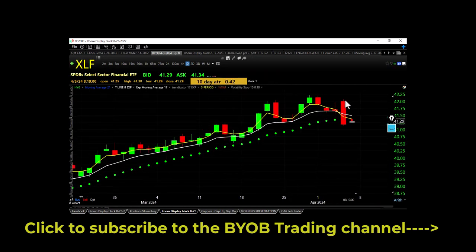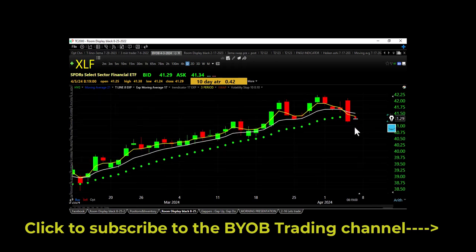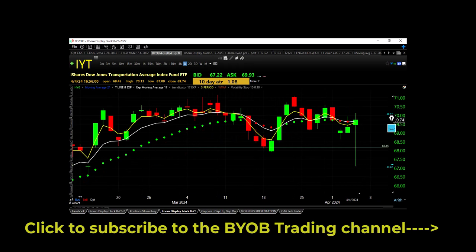Okay, XLF. Bearish engulfing. Outside day, higher high, lower low, closing below the bearish cross and the 17 EMA. Haven't broken this low. We're still just consolidating over to the right. All right, IYT. And I believe that is the low, the actual low for IYT.